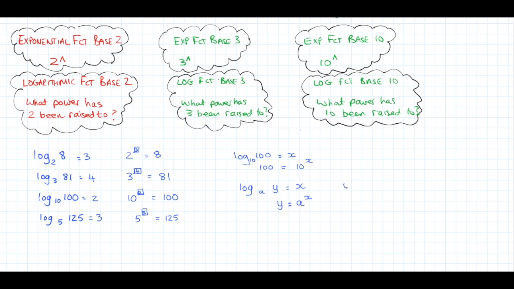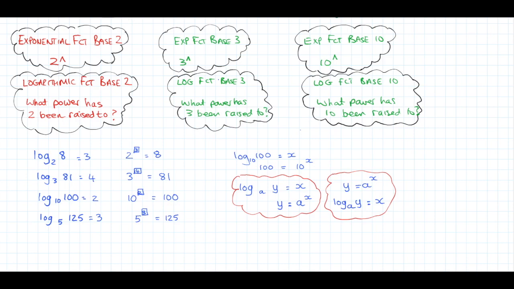And also, if you have y equals a to the power of x, then you have to be happy that that is log y to base a is equal to x. So you have to be able to go between these forms. Really, really important that you can do that. If you're given it in logarithmic form, then you can write it in exponential form, and if you're given it in exponential form, then you can write it in logarithmic form.